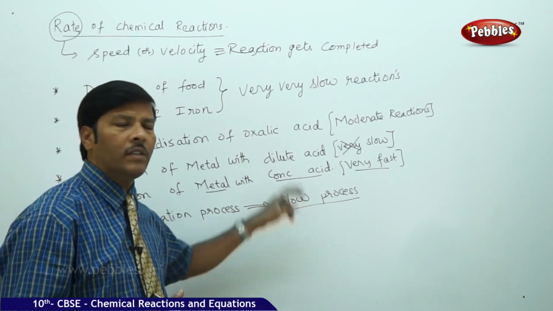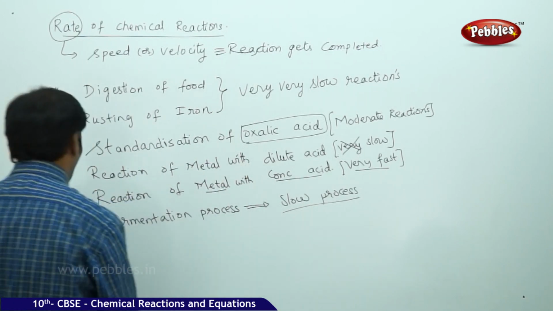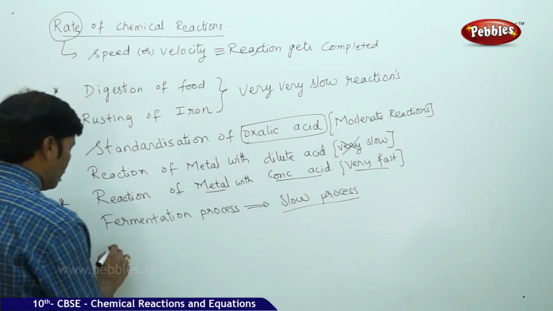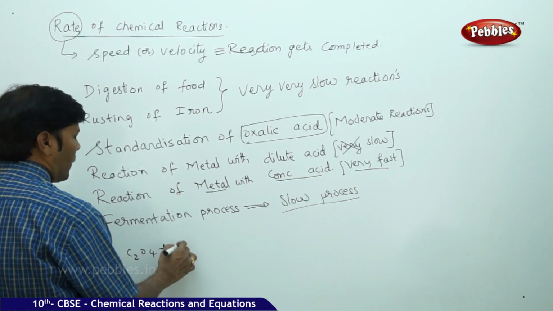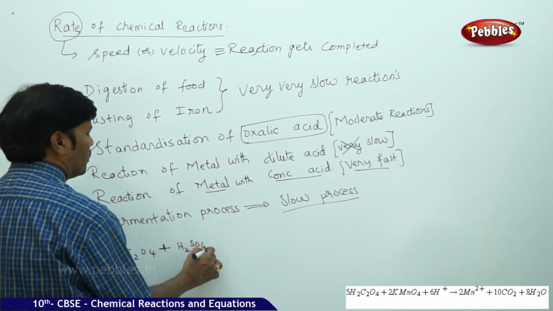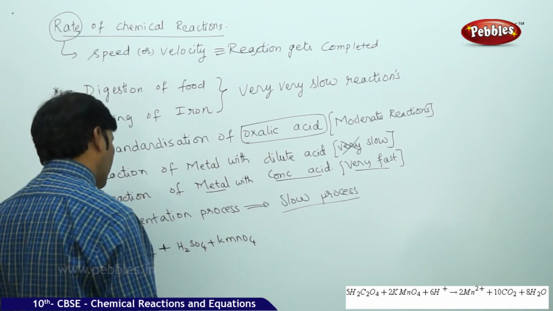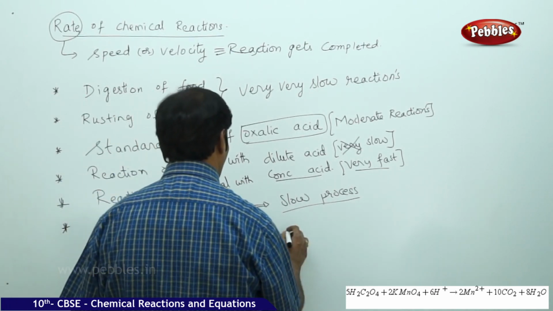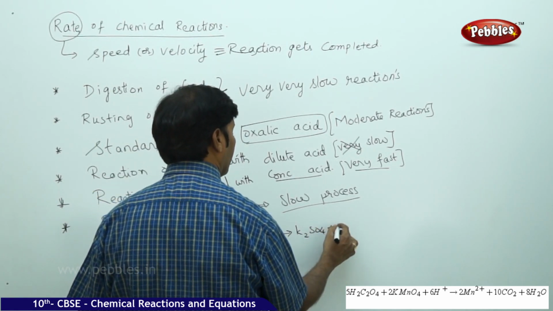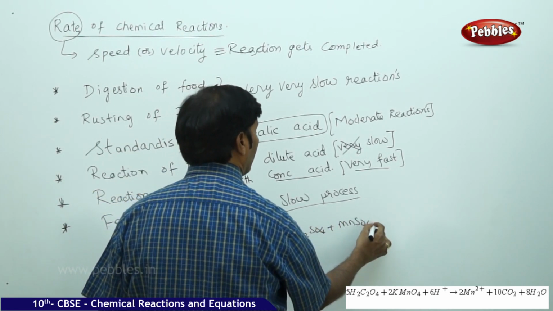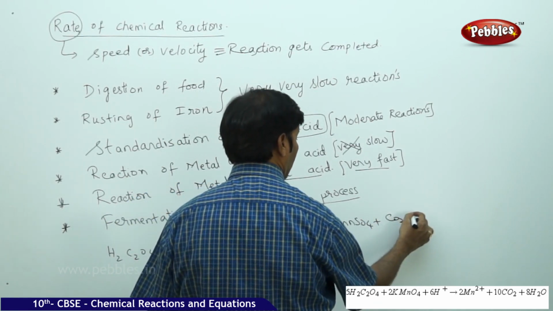Standardization of oxalic acid is a typical reaction. You know the formula of oxalic acid, H2C2O4, plus H2SO4 plus KMnO4, giving K2SO4 plus MnSO4 plus carbon dioxide plus water.